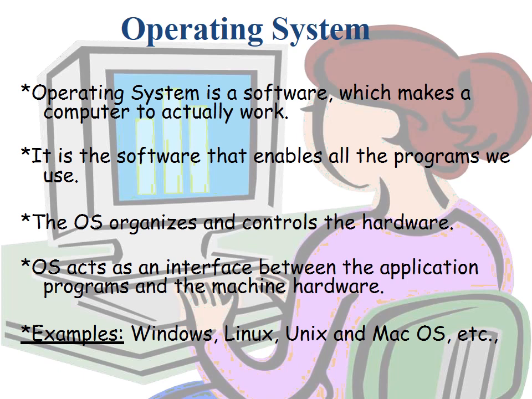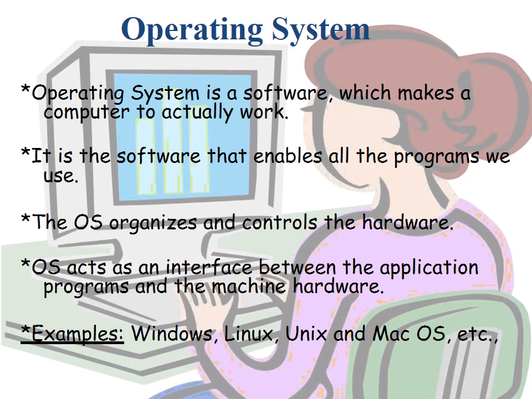Now what is this operating system software? It is the software which makes a computer actually work. It is the basic requirement of the computer that enables all the programs we use. Without operating system, a computer cannot perform any task.